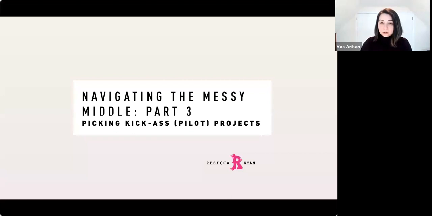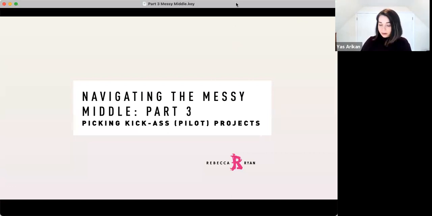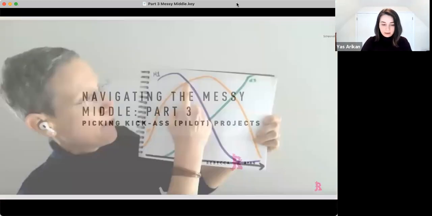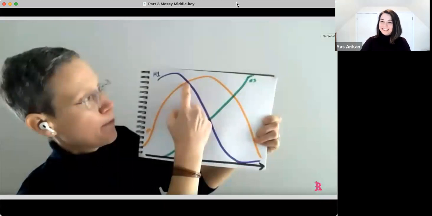My goal is not to kill you with slides today, but I am a visual person and probably you are too. So I believe you see my slide with the title, and I believe you see a picture of Rebecca from one of the previous sessions. This is her drawing, pointing out the 3 horizons of this model.